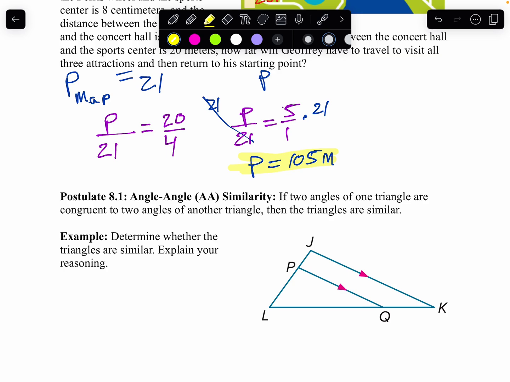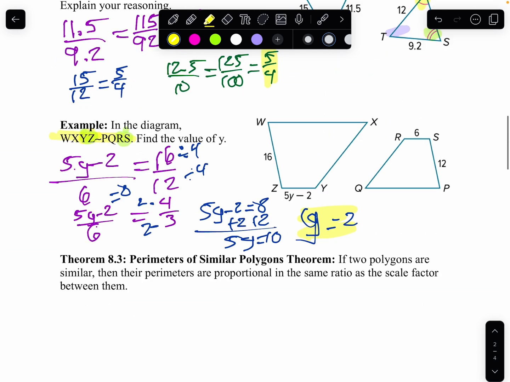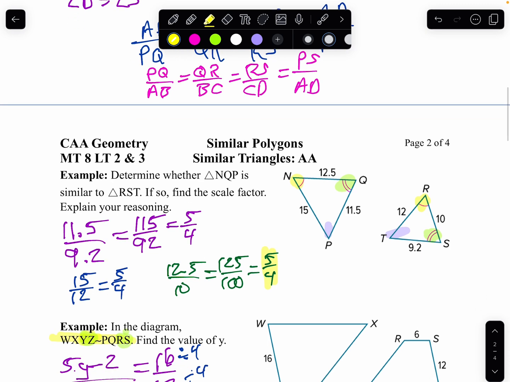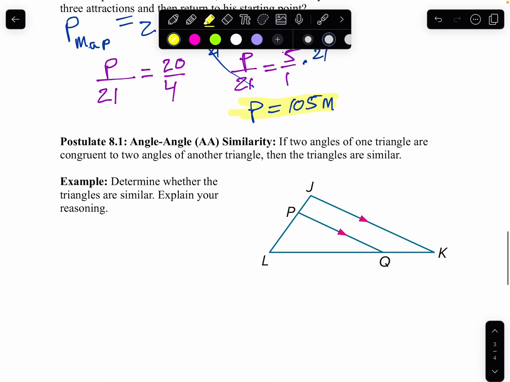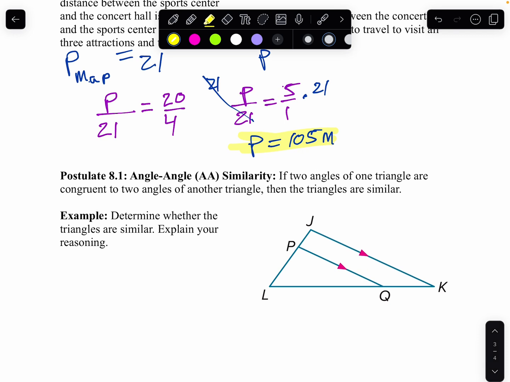So on the problem we did before, I could have stopped because I knew angle N and angle Q correspond to angle R and angle S. You only need to know two angles. Now, obviously, if you know two angles by the third angle theorem, you know the third angle, but that's all we need to know. We know if two angles of one triangle are congruent to two angles of another triangle, we know the triangles are similar.